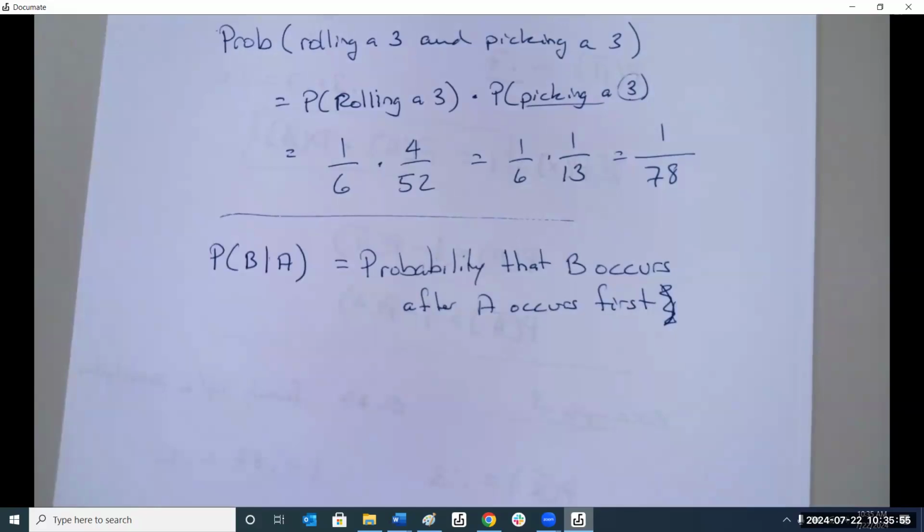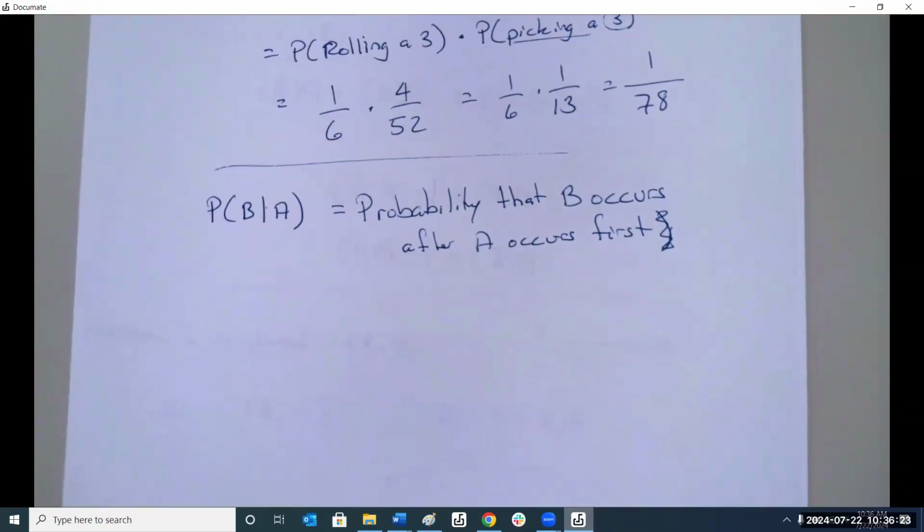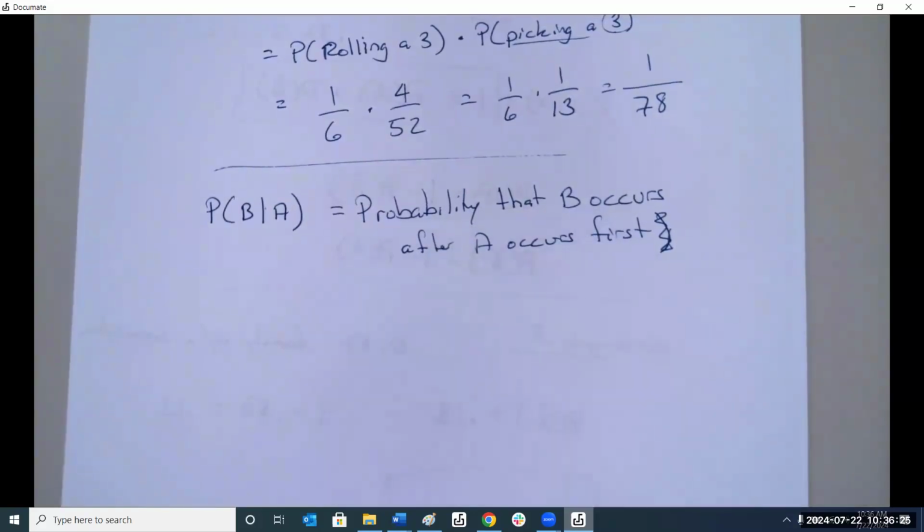That's what that tells us. Well, it kind of makes sense, because if A doesn't occur, it doesn't matter what B is, because it's an and statement. They both have to happen. They both have to be true. So you're just looking at what the probability of B is of occurring.